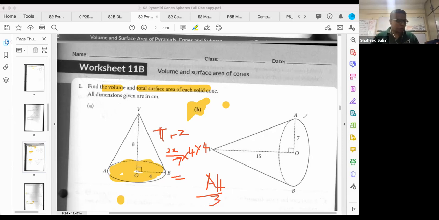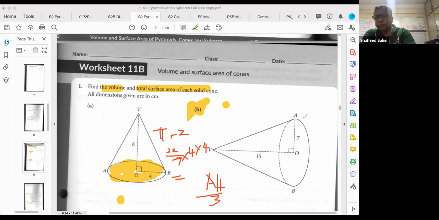Same thing, you find the area of the circle first. Well done.